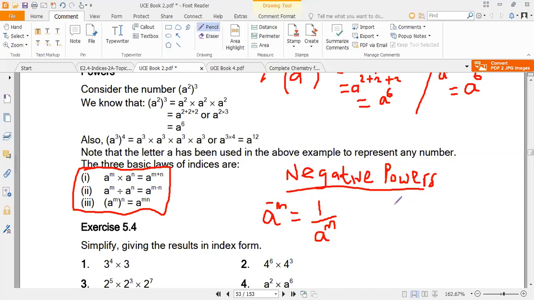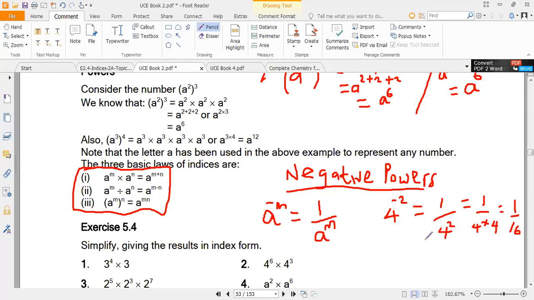So it means that if I have a number, let's say like 4, if I have 4 power negative 2, this is the same as having 1 out of 4 power 2, which can also be given as 1 out of, of course, 4 power 2 means 4 multiplied by 4, which is the same as 1 out of 16.